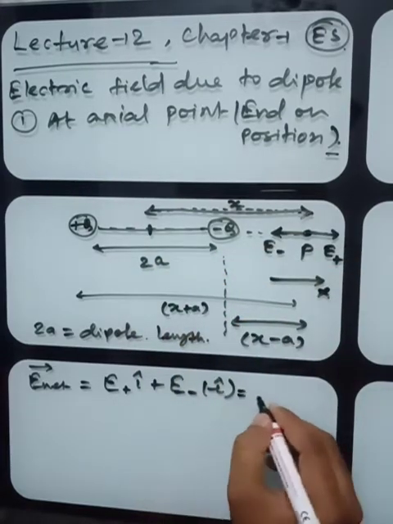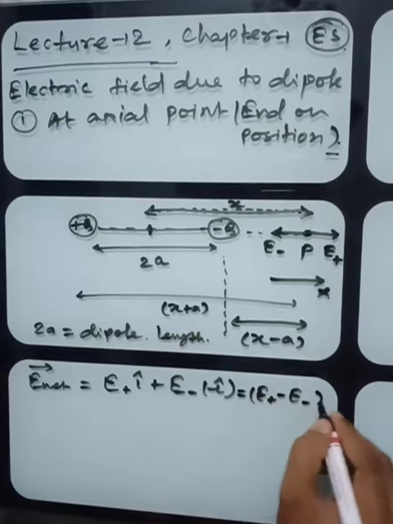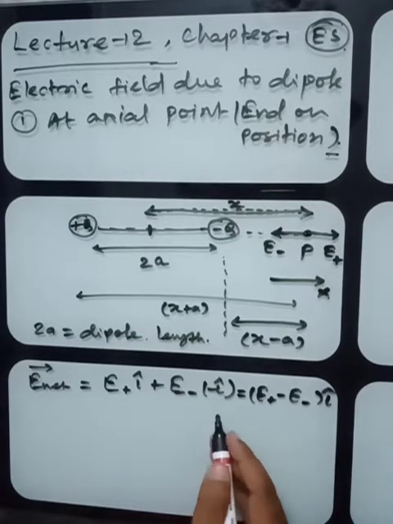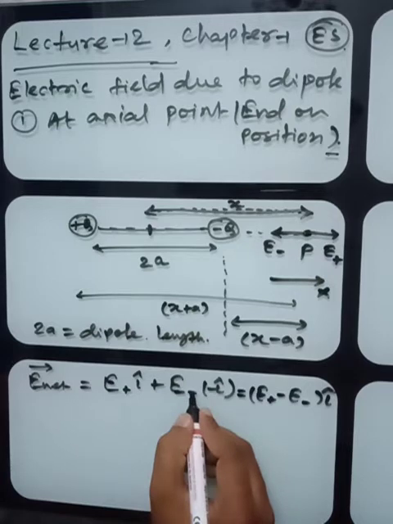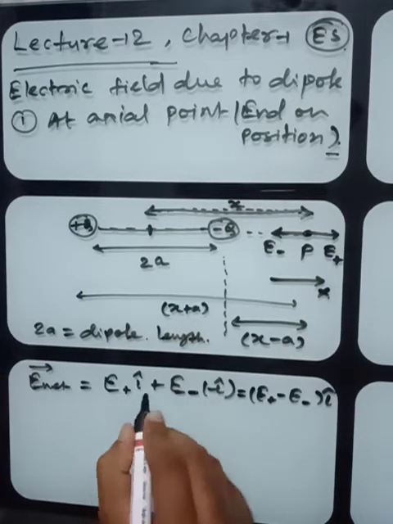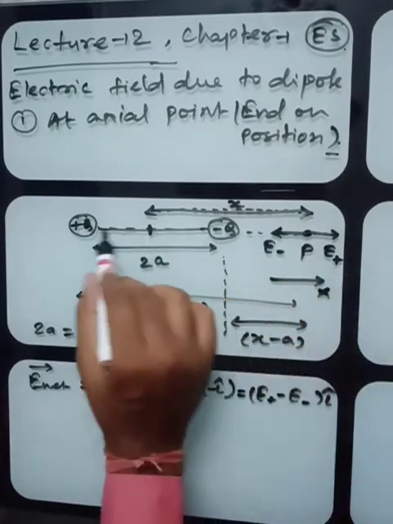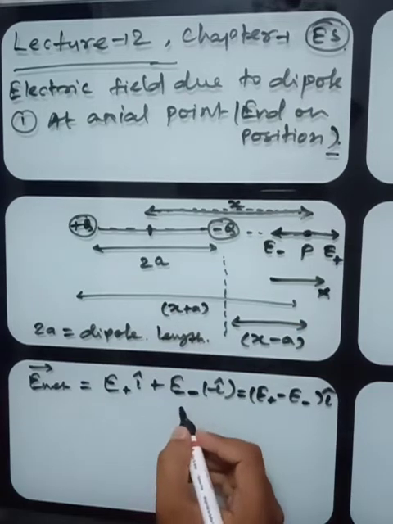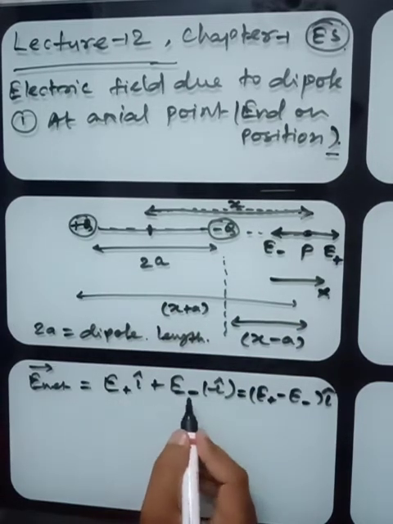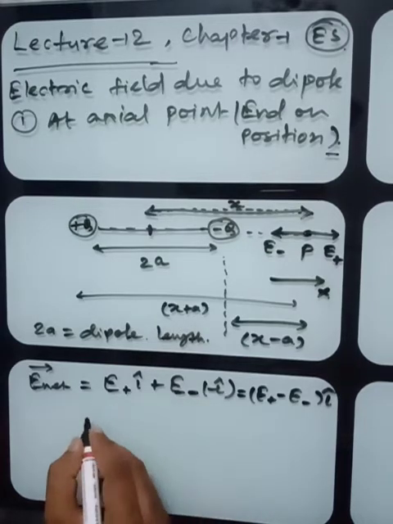Overall, we can write E plus minus E minus, i cap. Remember, this subscript is only a representation, as if I write QA and QB, then A and B. In the same way, I am using plus or minus only as symbolic notation. You don't have to use this minus or plus in calculation.